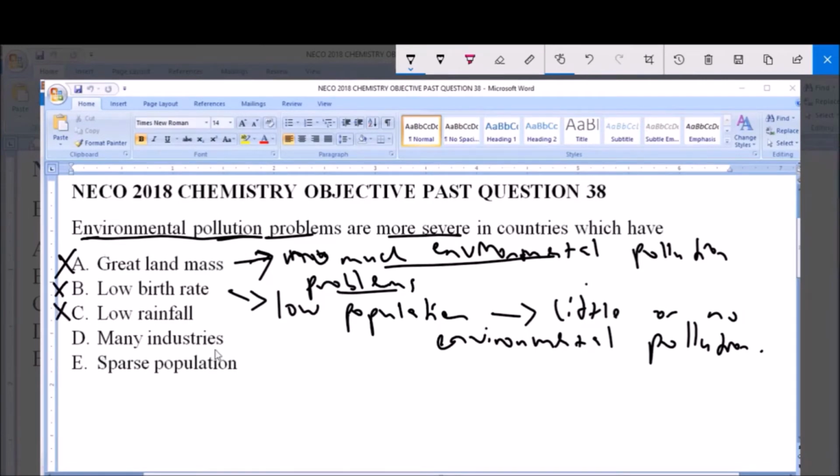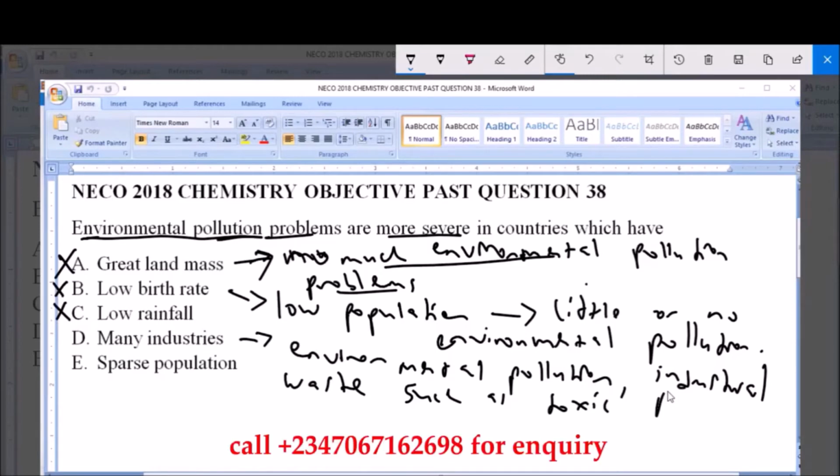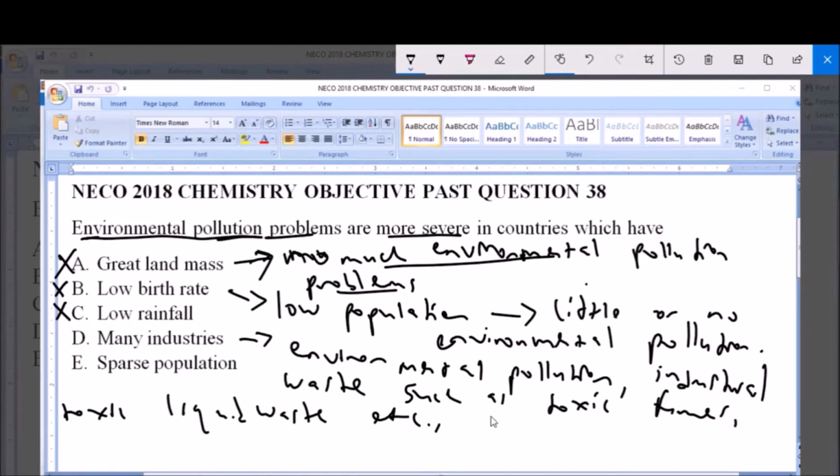Now option D says many industries. Many industries are linked to or associated with environmental pollution. This is because industrial waste, waste emitted by industry, such as toxic fuels, toxic liquid waste, etc., are known to pollute air, water, and even the soil.